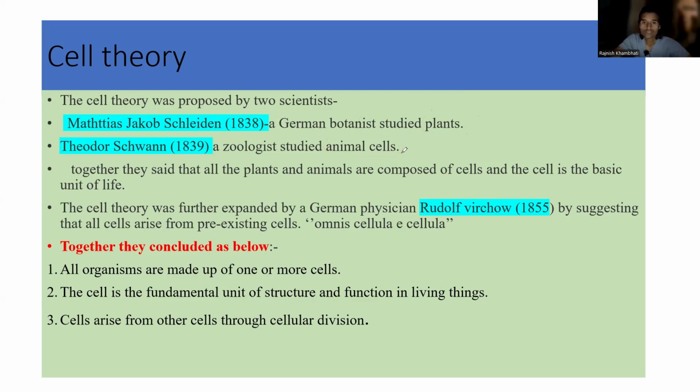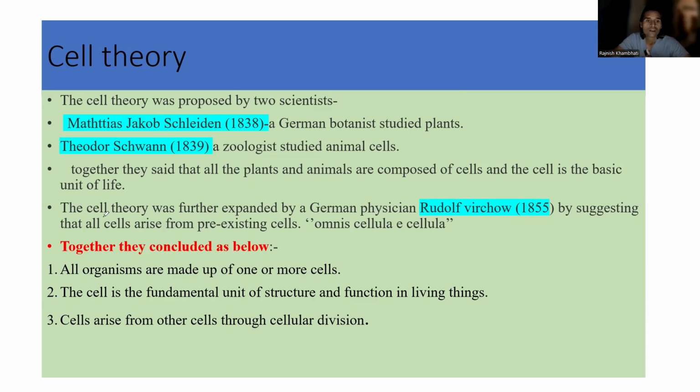Both saw one common thing, though they gave separate sentences. Schleiden said that all plants are made up of cells and their products. Similarly, Schwann said that every animal is made up of cells and their products. Later they combined the sentences and said that all living organisms are made up of cells and their products.